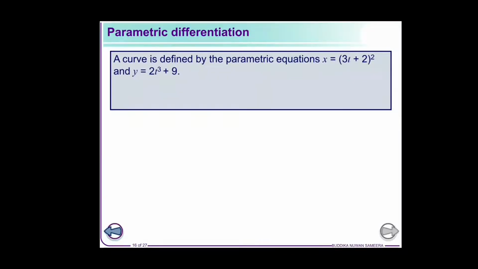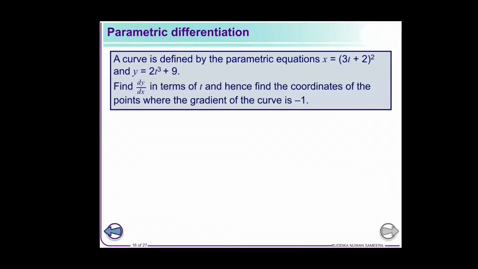A curve is defined by the parametric equations x equals (3t plus 2) whole squared and y equals 2t cubed plus 9. So here also we can do the same thing.